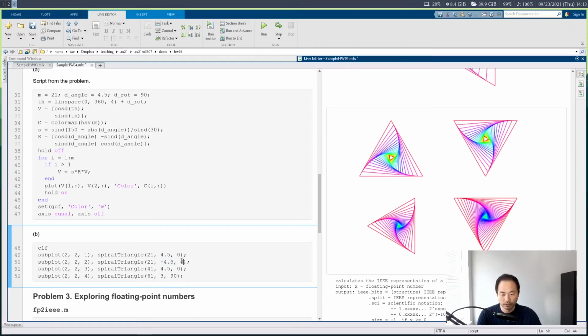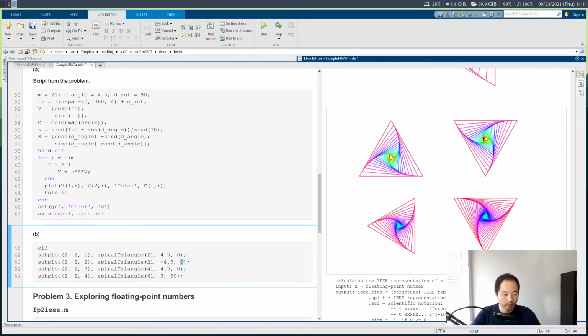0 here means that the initial triangle has not been rotated. So the initial triangle looks like this with its first vertex on the x-axis. So no rotation has been introduced in the initial triangle. Now, here's the initial vertex, and if you follow along, the initial vertex of the outermost triangle is 90 degrees rotated.